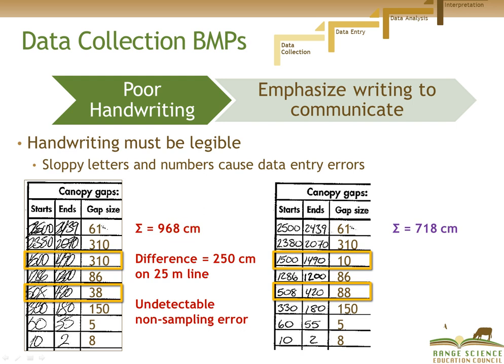Now this is a difference of 250 centimeters on a 25-meter line. And that error is a non-sampling error, so it is not detectable and it affects the accuracy of our estimate. And it could have been avoided if the recorder was careful in their handwriting.